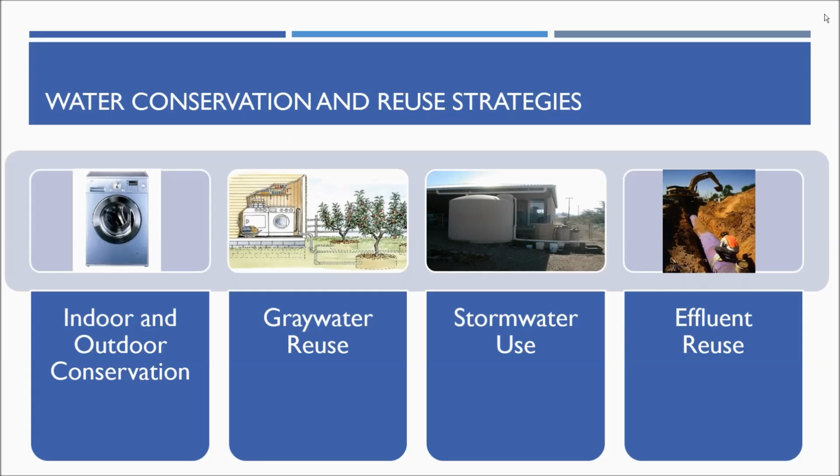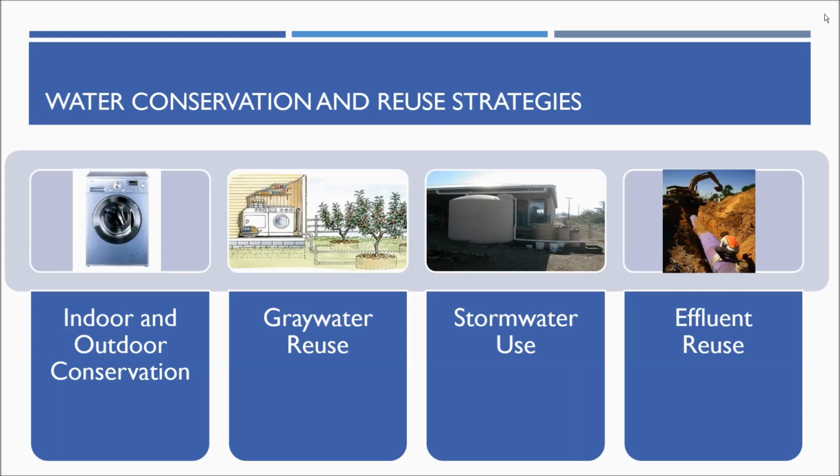So there are all sorts of water management strategies, water conservation and reuse strategies that are currently available as tools to reduce demand for potable or municipal water within an urban area.